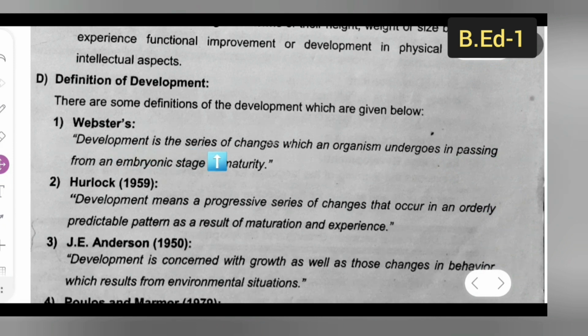Webster: Development is a series of changes which an organism undergoes in passing from the embryonic stage to maturity. Hurlock, 1959: Development means a progressive series of changes that occur in an orderly, predictable pattern as a result of maturation and experience.